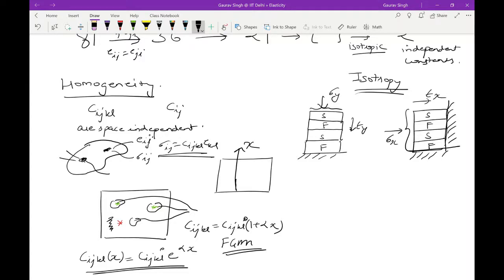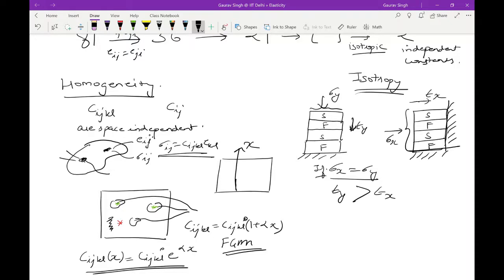Now, if sigma x is the same as sigma y in value, what do you think would be the deformation relation? Will epsilon y be greater or epsilon x be greater? As you may have guessed, in this case, because of the foam, epsilon y will be greater.